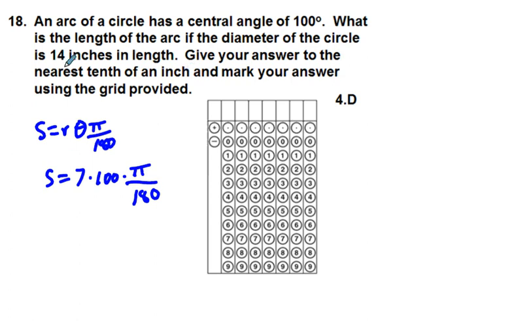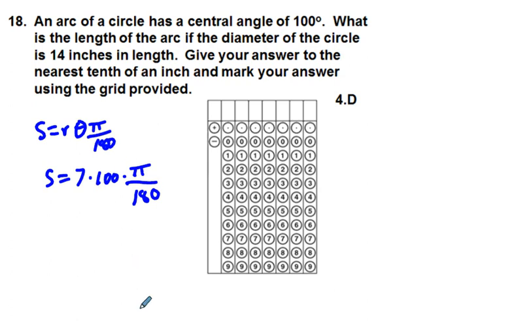Basically, we know that 1 radian is 57.3 degrees, right? So if we had 7 and an angle of 57.3 degrees, we would have 7 inches of arc length.